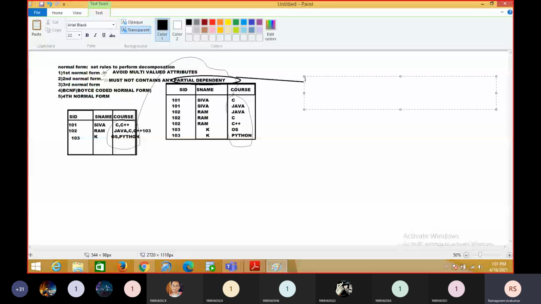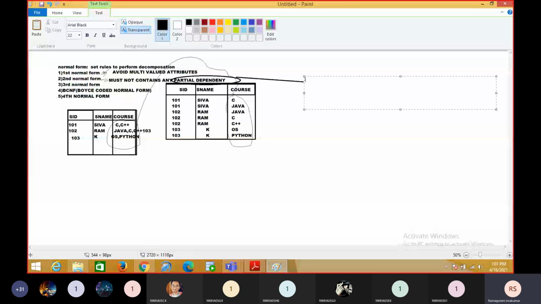Third normal form condition is what? Rule is what? Transitive functional dependency. There should be no transitive dependency for non-prime attributes. So transitive dependency means what? A determines B, B determines C, then I can write A determines C. This is transitive dependency, right?